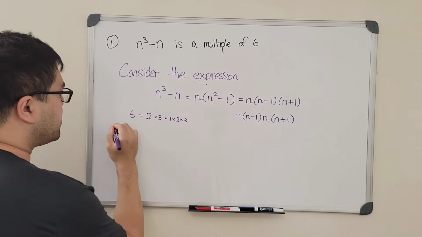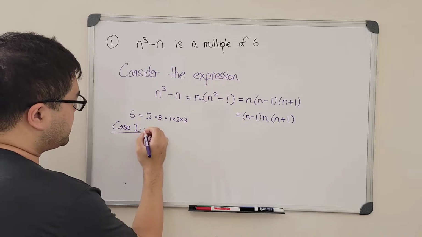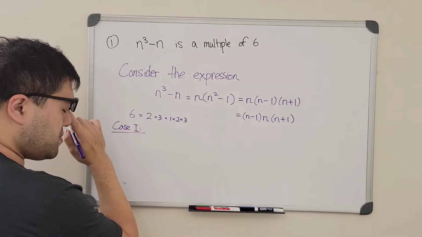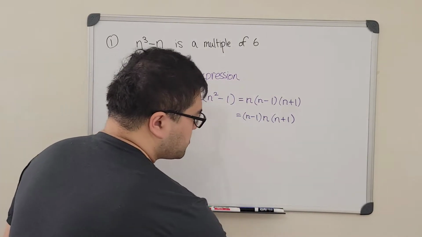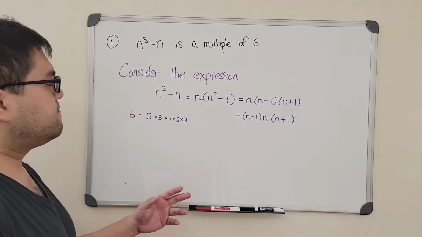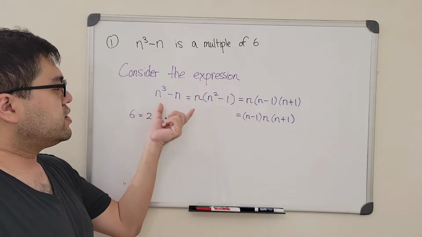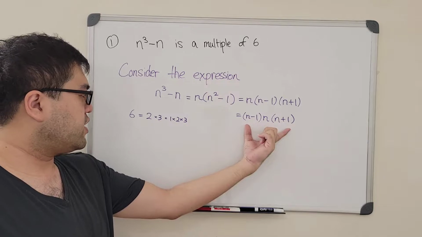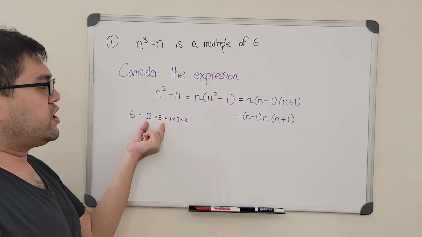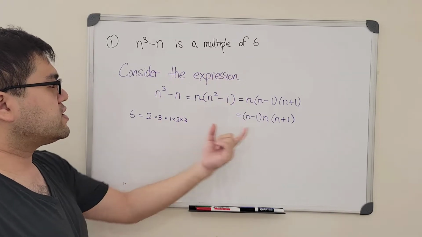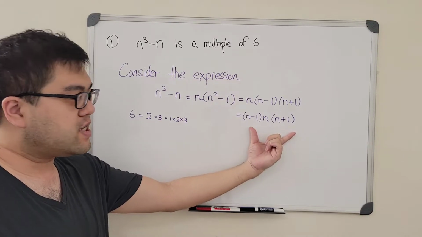We consider 3 cases. Case 1. Alright, so since we want to show the expression, which is equal to this product right here, is a multiple of 6, which is the same as 2 times 3, we can show it by proving that this expression here is a multiple of 2 and a multiple of 3 at the same time.